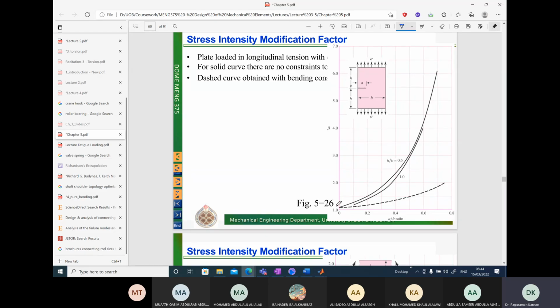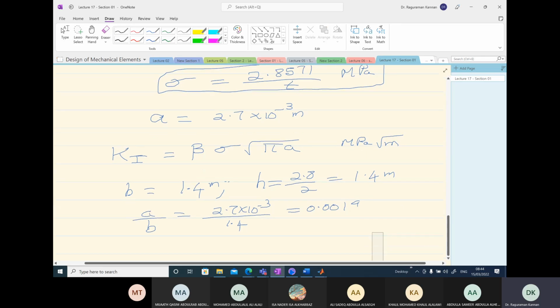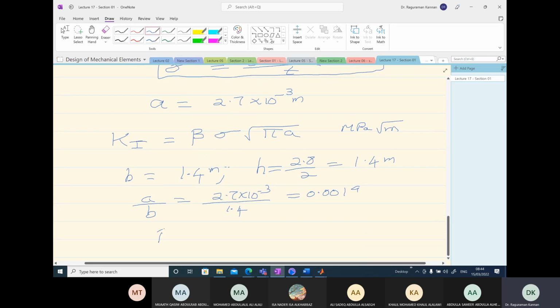So 1.125, maybe 1.12. We can assume beta equal to 1.12. That's what I'm going to assume. Approximately 1.12.